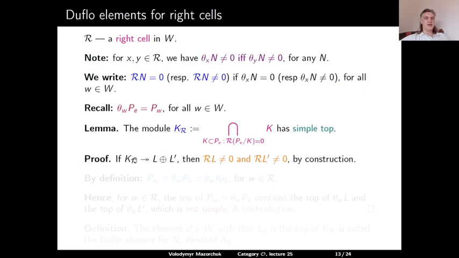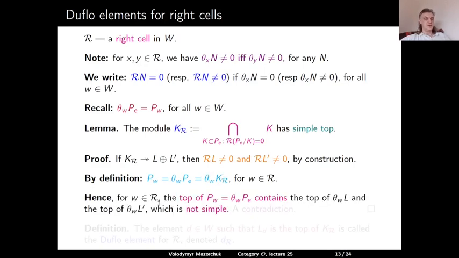Proof. Assume that K_R surjects onto a direct sum of two simple modules. So assume that this assertion is not true. Then by definition, both of these simple modules are not annihilated by R. We have that for any w in R, P_w is theta_w applied to P_e, which is equal to theta_w applied to K_R, because the cokernel of the inclusion is killed by theta_w.